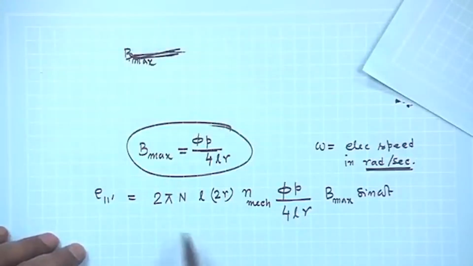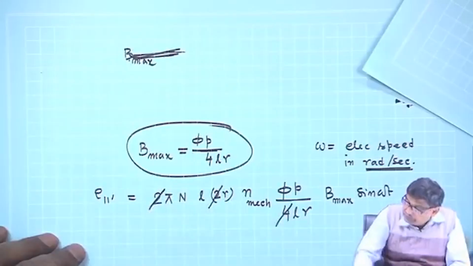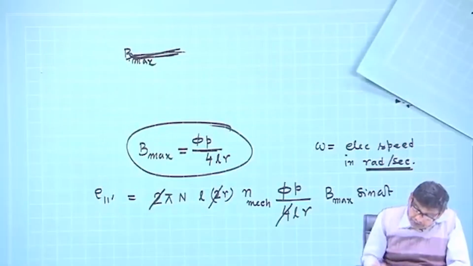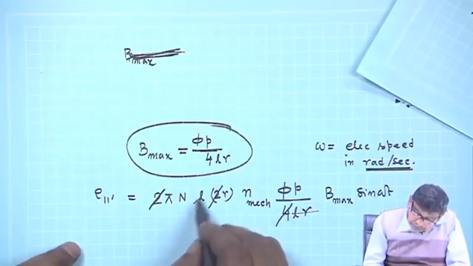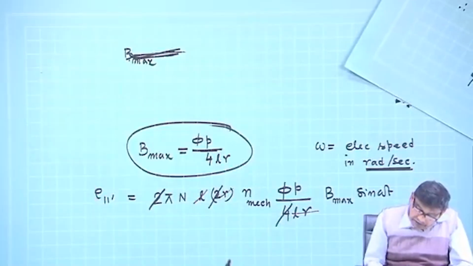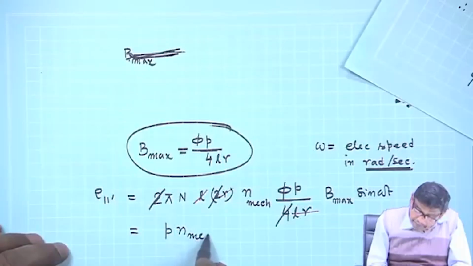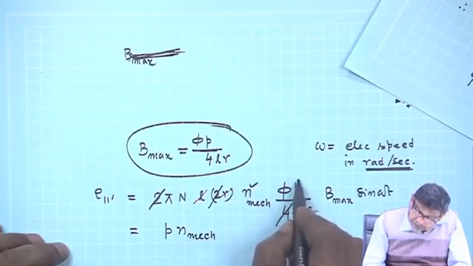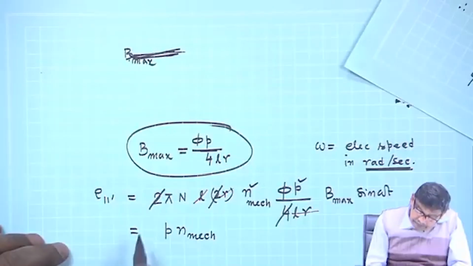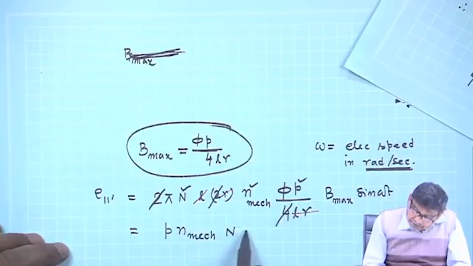So, this is the thing, and if you look at it carefully, this 4 goes, 2 to 4 goes, then also L R goes, and you will be left with P n mechanical, that is this term, into capital N, this term, phi.